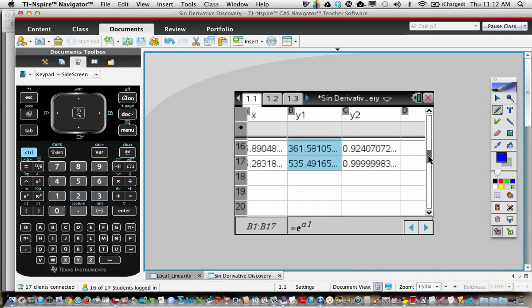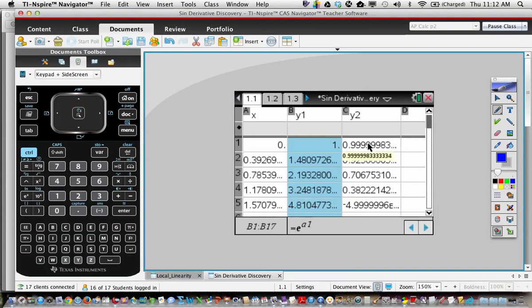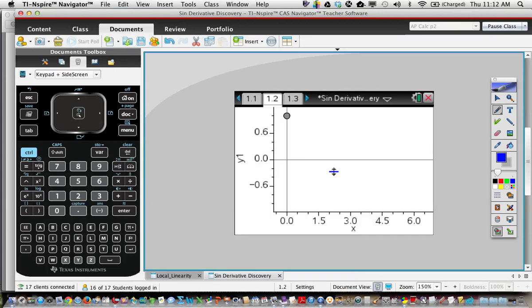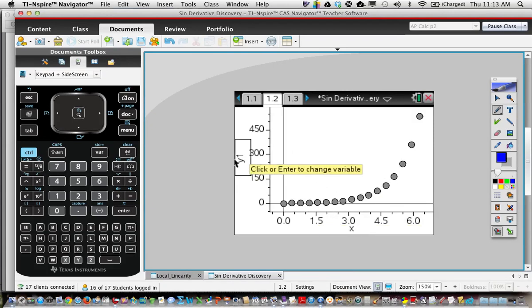It's basically a spreadsheet. So these would be the e to the x values. So they're positive and getting much more positive. Now let's go ahead and graph this. This is pretty cool how it just sets the window on there. So there's those points, which is our e to the x graph.